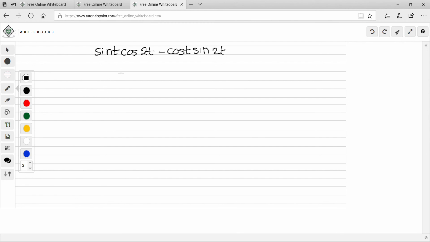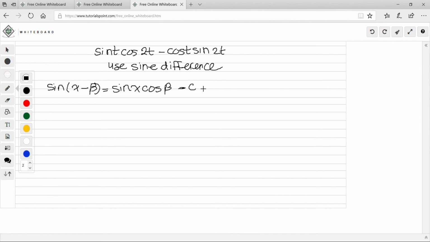So I'm going to use the sine of a difference. Sine of alpha minus beta equals sine alpha cosine beta, minus cosine alpha sine of beta.